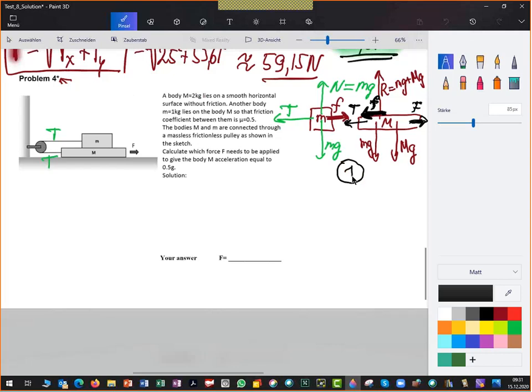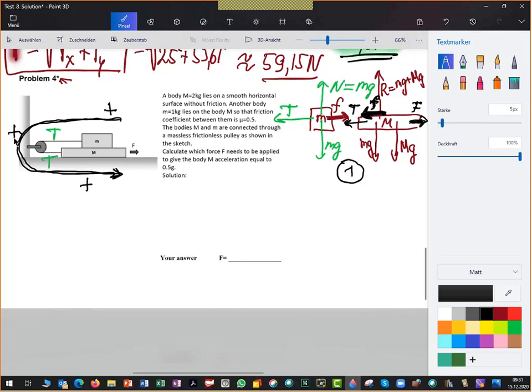I will choose this axis as my positive axis. I will just follow the rope, following the motion of my system. So this will be my curved axis, and it will be positive. I will now project all the forces on this axis.